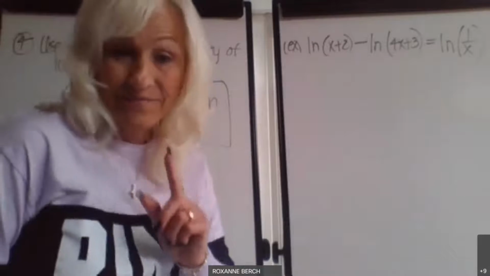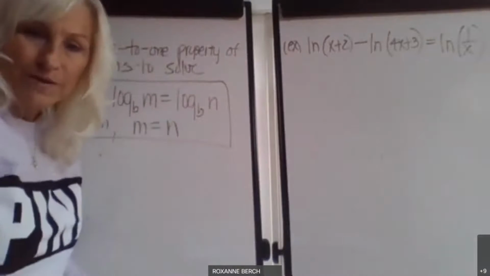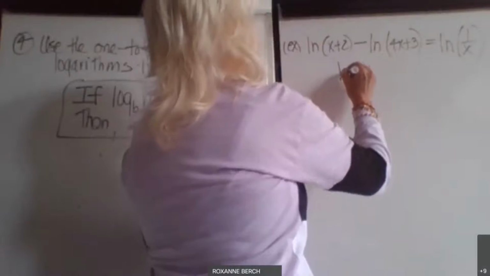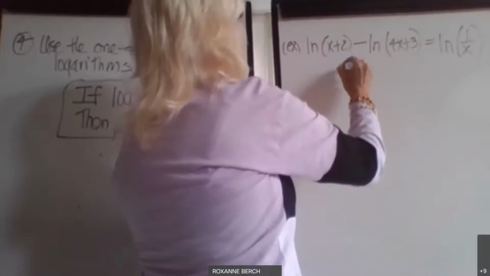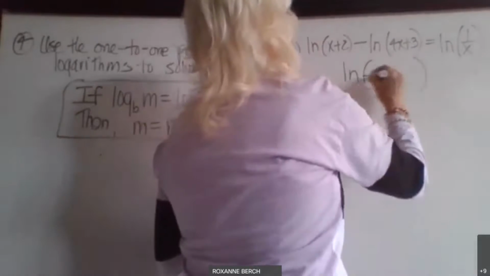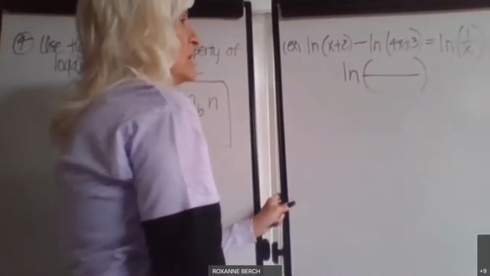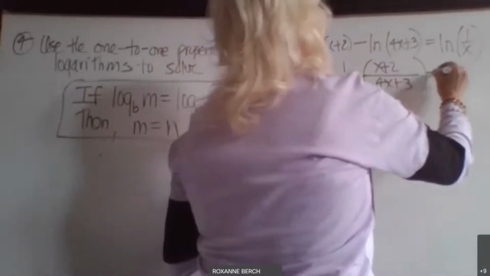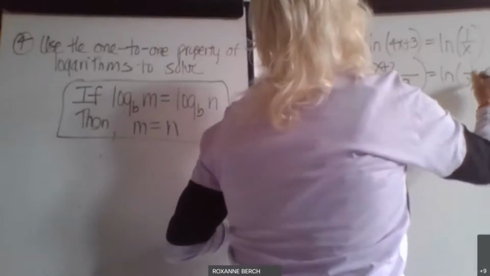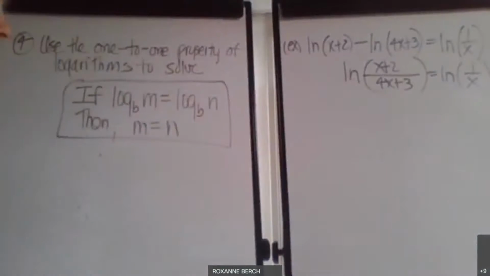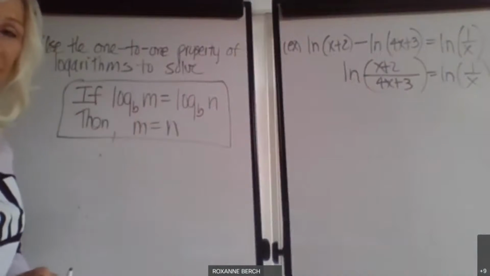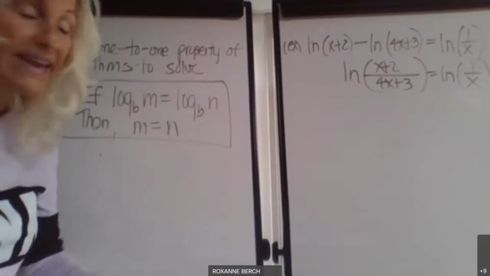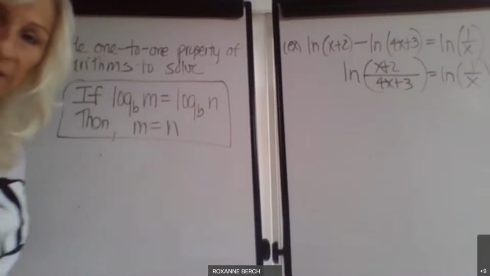Okay, watch this. I'm going to get 2 logarithms. I'm going to use the quotient property. The quotient property says that I can make 1 log and division. So that would be x plus 2 over 4x plus 3 equal to the natural log of 1 over x. And guess what? I have logs with the same base now. So I can get rid of the logarithm.